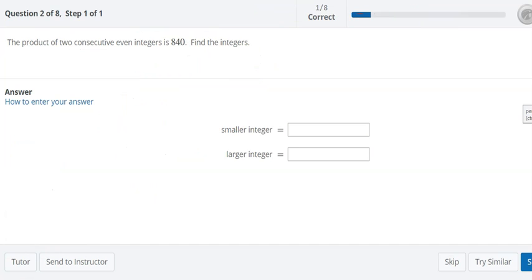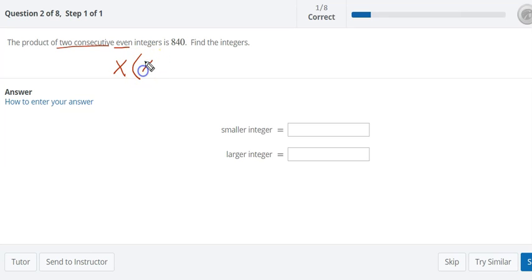Now another type of problem is something like this. The product of two consecutive even integers. So again, see if you can set up the equation while we pause. So the first integer is x.